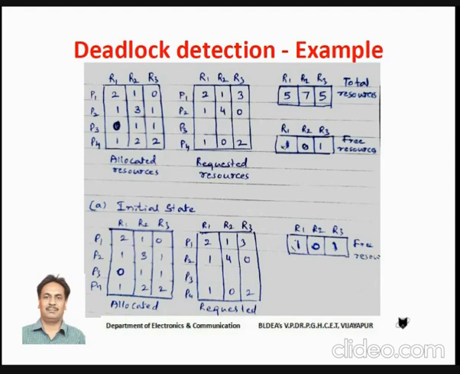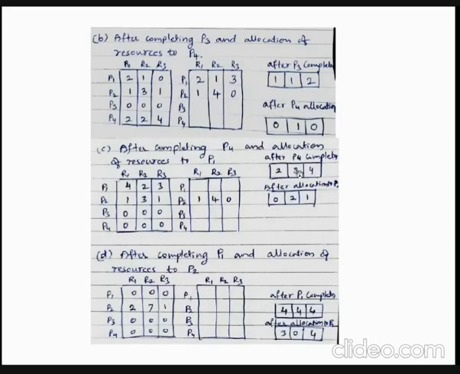So while analyzing like this, if all the processes are able to complete their execution in the given set, we assume that no deadlock exists.